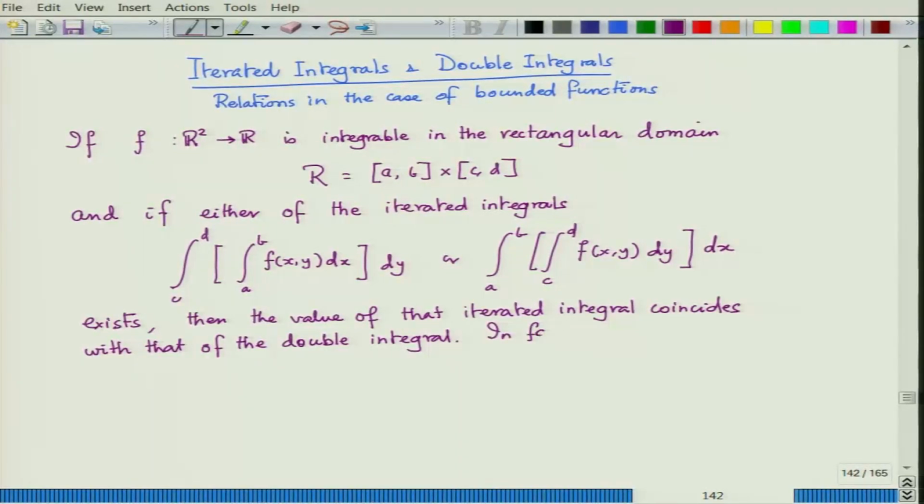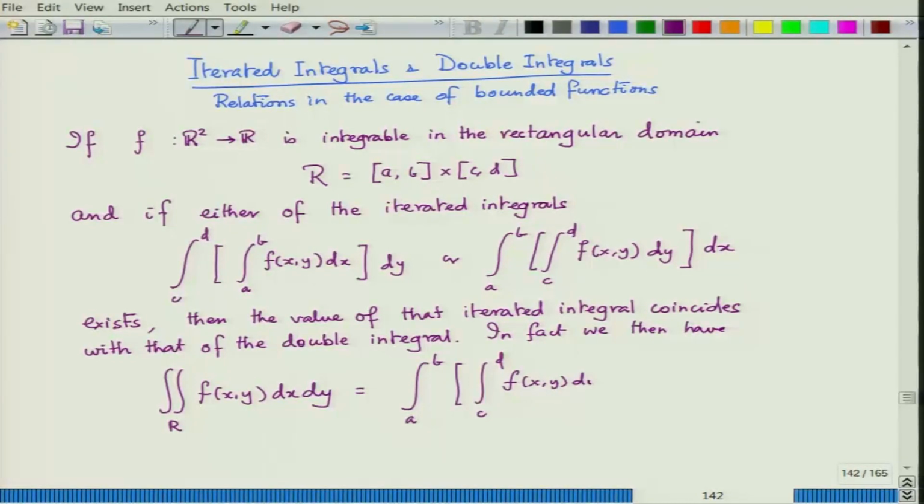In fact, we then have the double integral of f(x,y) dx dy is integral A to B integral C to D f(x,y) dy dx, same as integral C to D integral A to B f(x,y) dx dy.